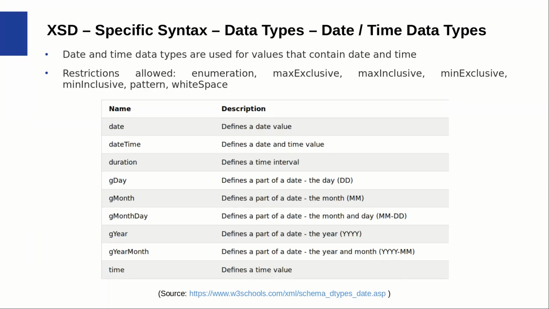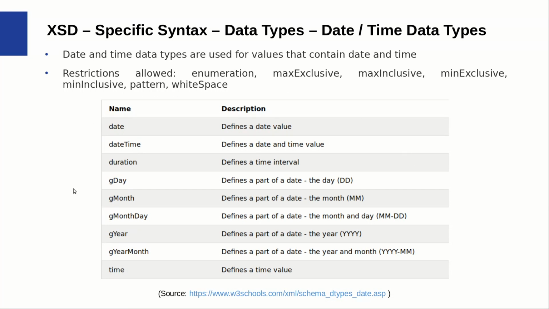And the next category of data types are the date and time data types, which, as you can also assume, are used for values that contain date and time or some derived types from them, and you can use with these date and time data types these facets here: enumeration, max exclusive and max inclusive, min exclusive and min inclusive, pattern, and also the whitespace.